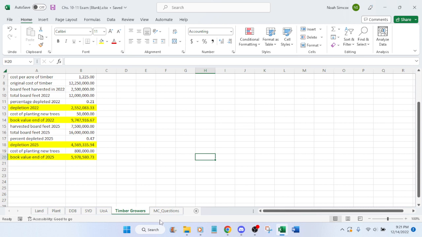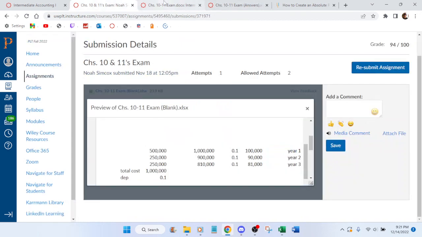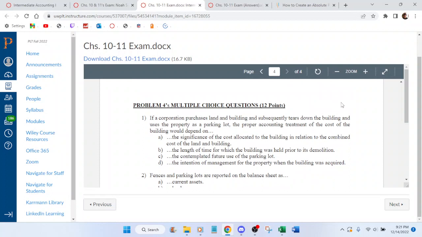Wow. And now we have multiple choice. I got 4 out of 4 on the multiple choice on the test. So let's see if I can do it again. That was fine. If a corporation purchases land and building and subsequently tears down the building and uses the property as a parking lot, the proper accounting treatment of the cost of the building would depend on the contemplated future use.